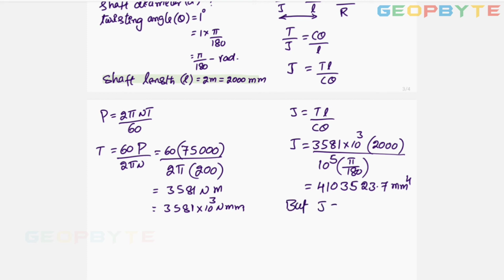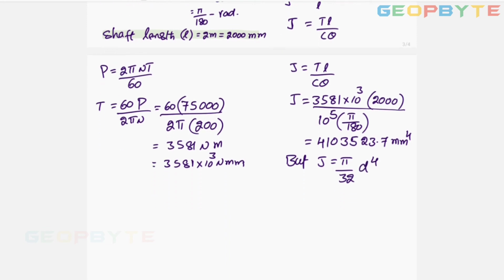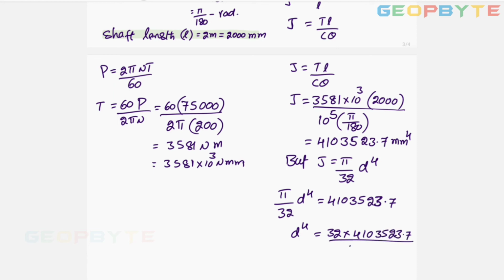But J equal to, that is the polar moment of inertia, pi by 32 into d power 4. So pi by 32 into d power 4 equal to 4103523.7. From this, d power 4 equal to 32 into 4103523.7 divided by pi.